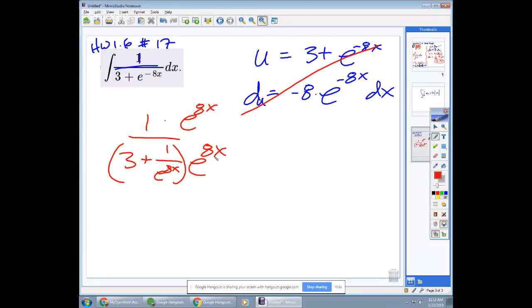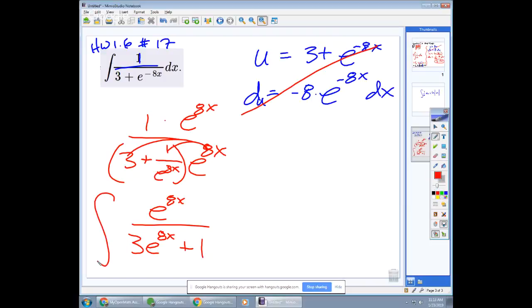So that gives me e to the 8x over 3 e to the 8x plus 1. Right, because I get to distribute through here in the bottom.